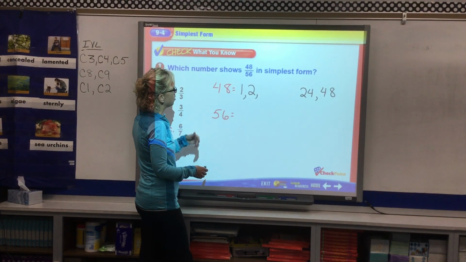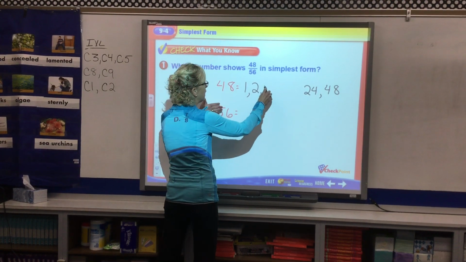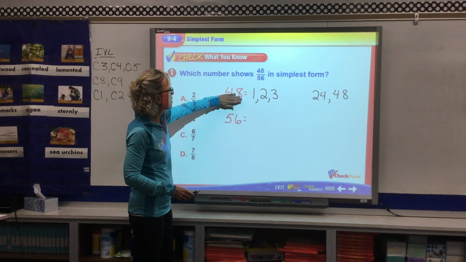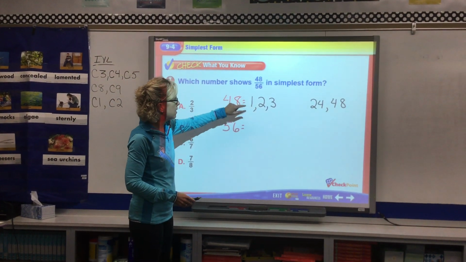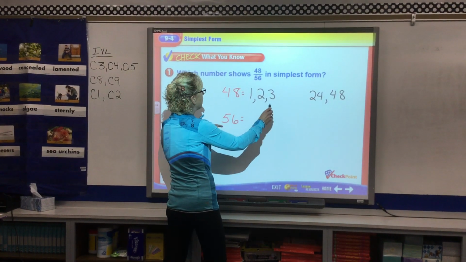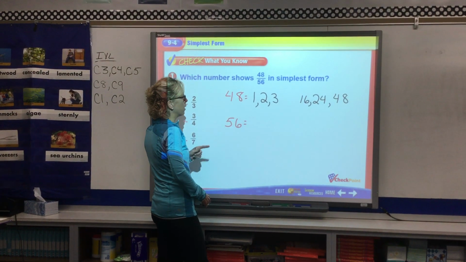Does 3 go into 48? I'm going to do that 3 check. I'm going to add the sum of the digits, and the sum of the digits is 12. So I know 3 would go into 48. So 3 goes into 48 16 times. 3 times 16 is 48.